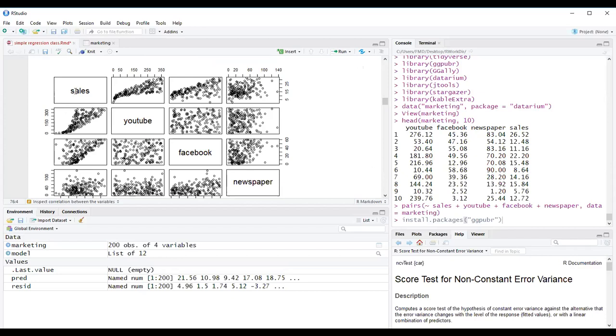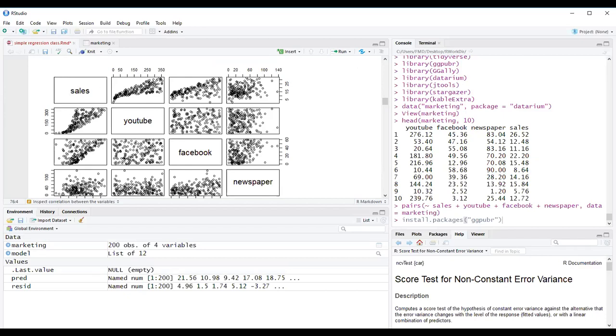You can find it here, sales with YouTube. There seems to be a linear relationship between sales and YouTube. And that's good. If there's a linear relationship between your dependent variable and independent variable, that will be good for your model. How about sales and Facebook?